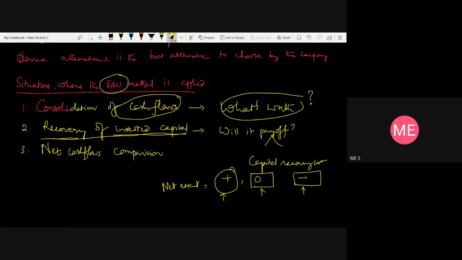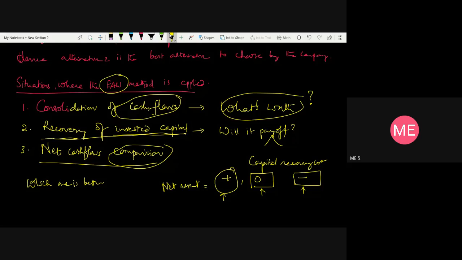And the third one, net cash flows comparison. In the net cash flows comparison, we look at which one is better. Often when there are alternatives present, the criterion is strictly economic, and the alternative with the highest net worth is preferred.